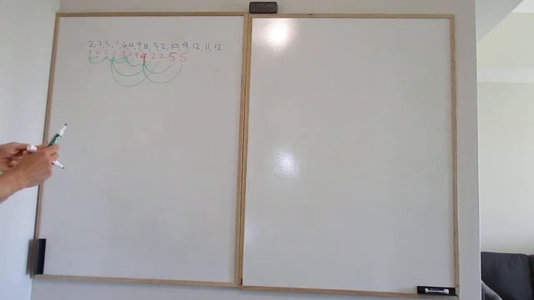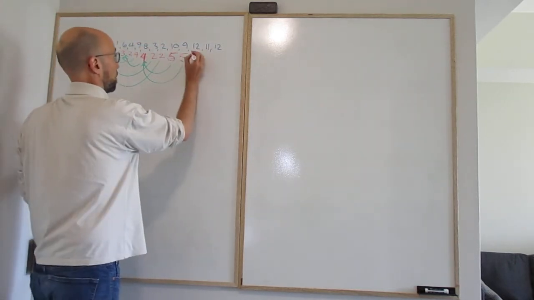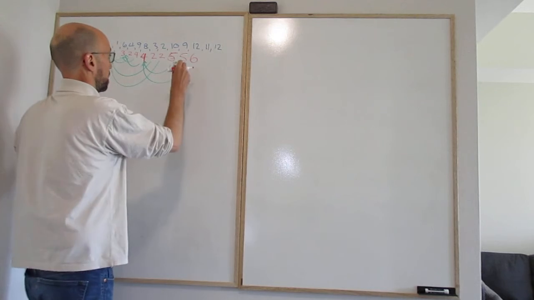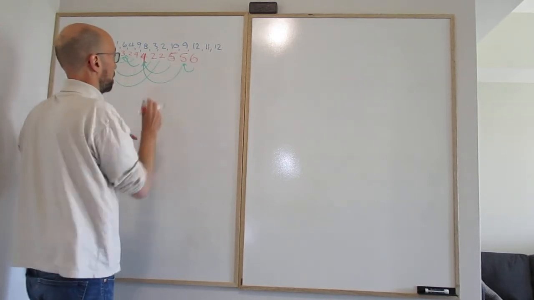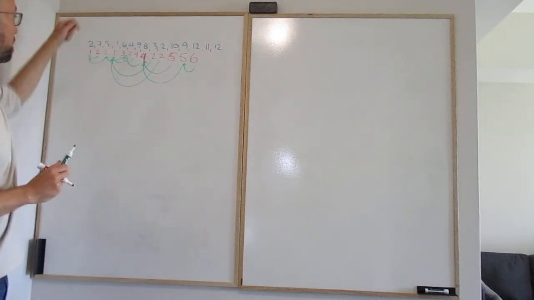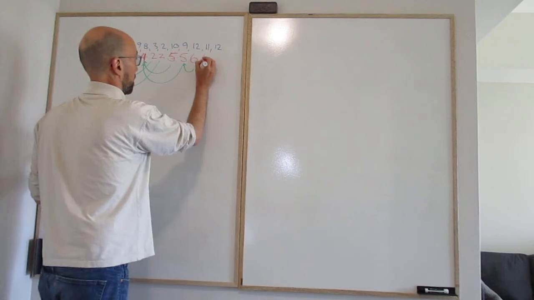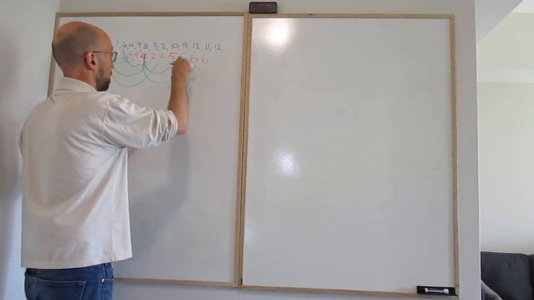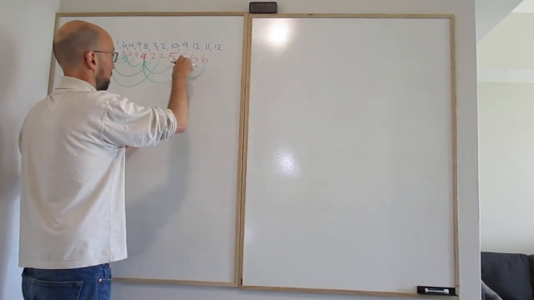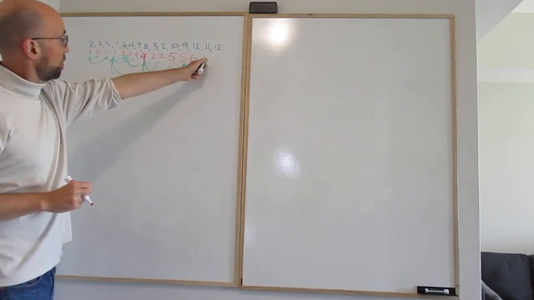12. We go back, we look at everything, the best we can do is a 6, which is like this. 11, we go back, the best we're going to do is a 5, so that's going to give us a 6. And then at the 12, this will give us a 7.